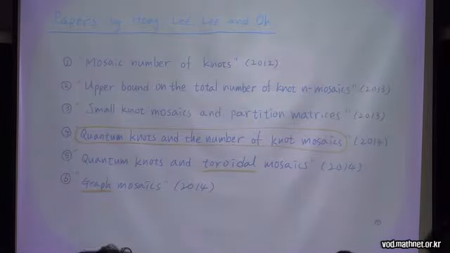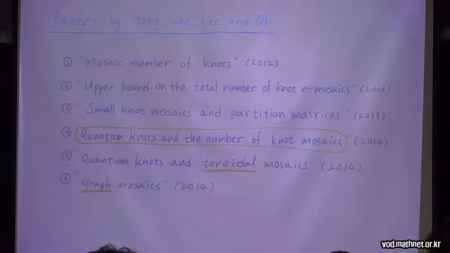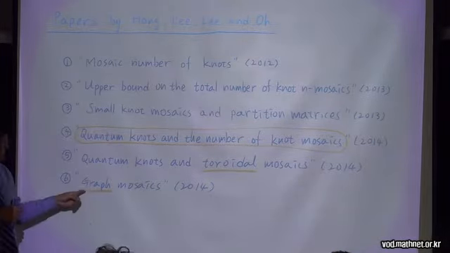During 3 years, we wrote several papers about knot mosaics. And this paper contains that old version of the state matrix algorithm. And also we apply that algorithm to the toroidal case or some graph mosaic.